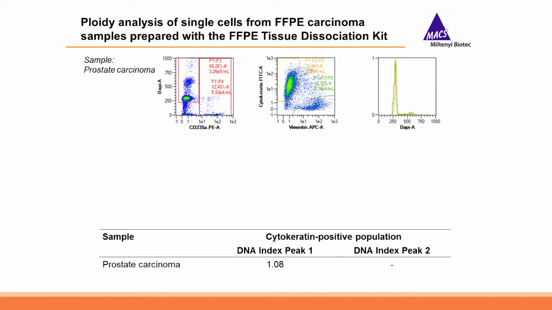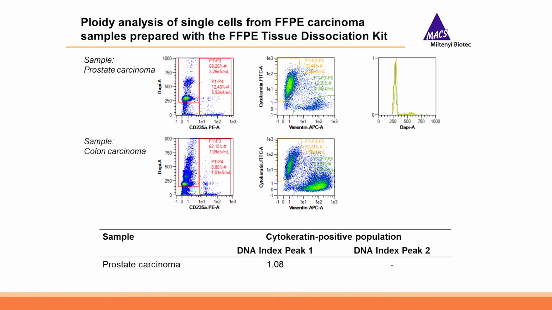And then we gated back these two populations on the DNA signal or on the DAPI signal and plotted it in a DNA histogram. So like this, we see the profile of the carcinoma cells overlaid with the signal of the vimentin non-tumor cells. And we see that both peaks are more or less overlying, telling us that this prostate carcinoma is a diploid carcinoma.